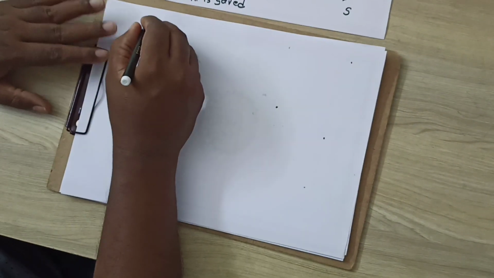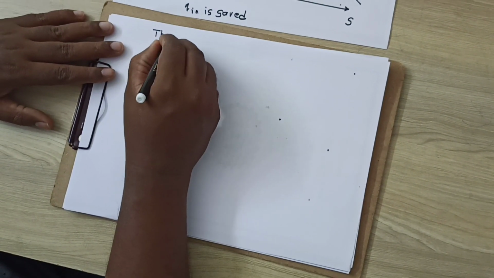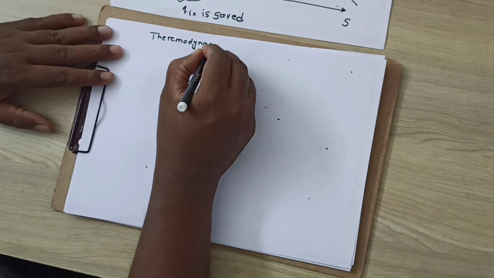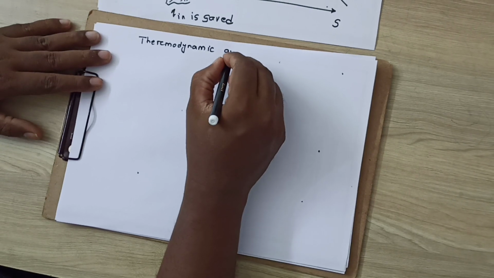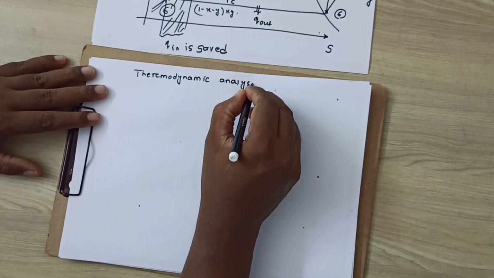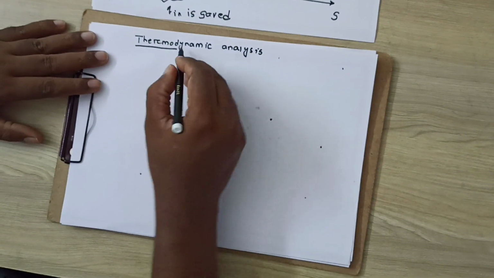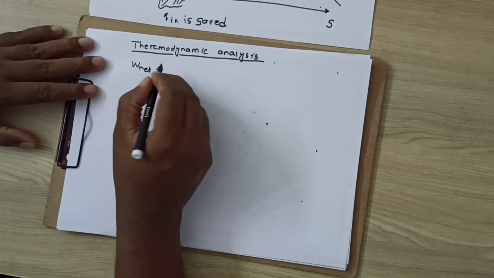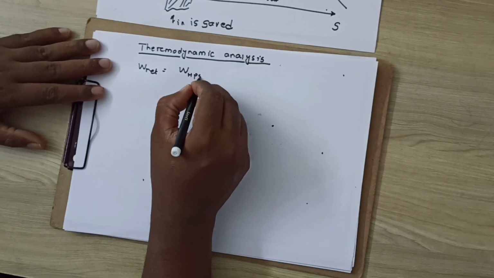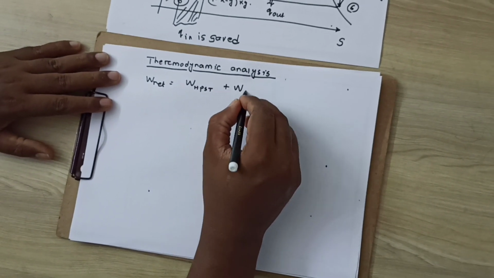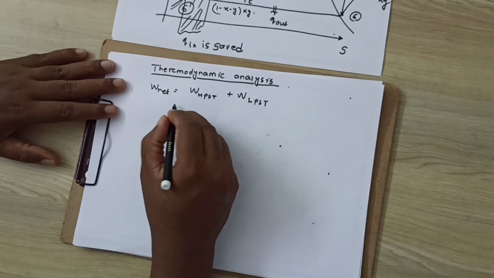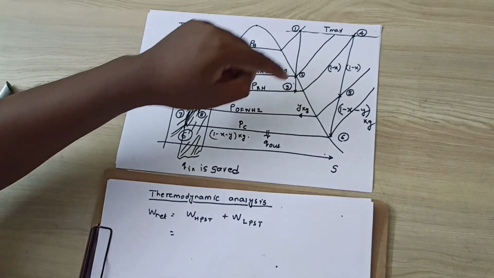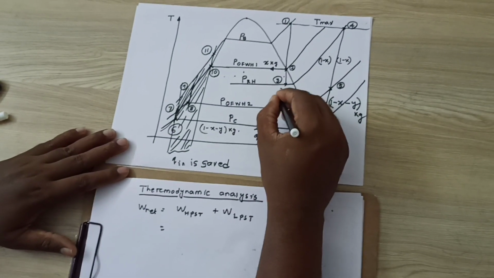Thermodynamic analysis. So W net will be W high pressure steam turbine plus W low pressure steam turbine. The high pressure steam turbine will be from point 1 to 2, and this is your state point 3.